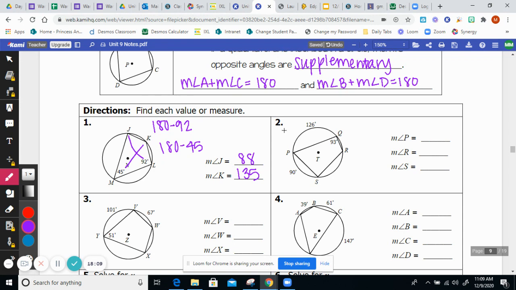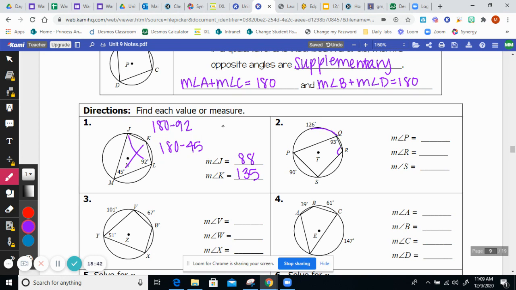All right, so on number 2, it gives us a little bit different information. It gives us the arc measure that is across from S. Hang on, let me back up. So first we're going to find R. If we look at R, we actually can't find S. I lied. So we're going to look at R. So our intercepted arc for angle R, we're looking at this angle.